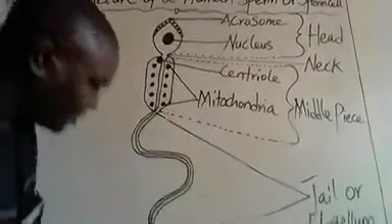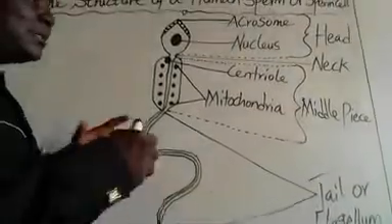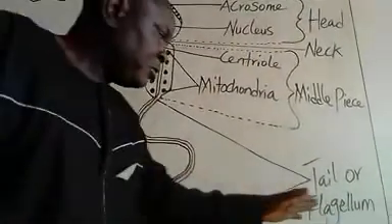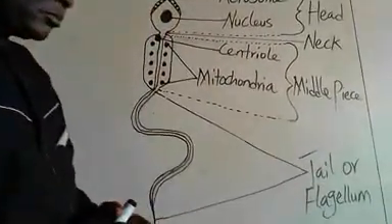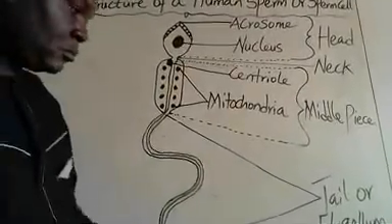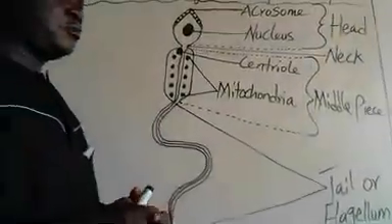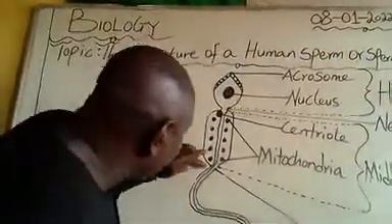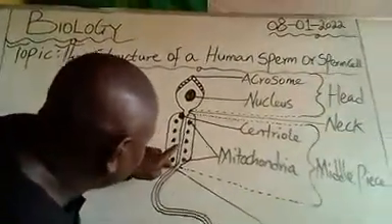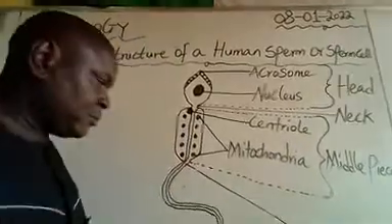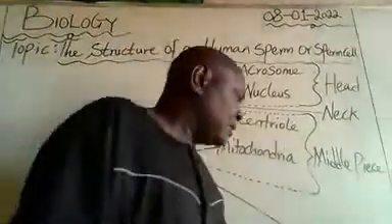From here downwards, we call it tail or flagellum. End piece is part of the tail also.